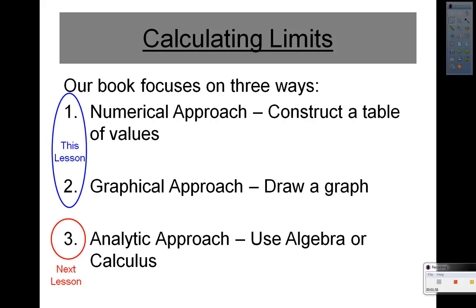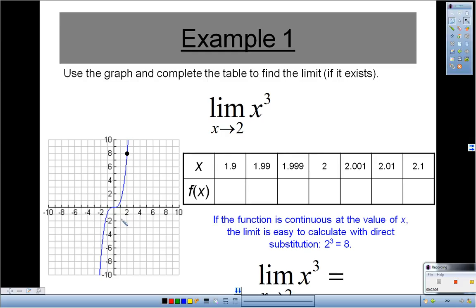It says use the graph and complete the table to find the limit if it exists. Now notice that I do give you the graph of the function. So my function right here is x cubed. I want to find the limit of this function as x approaches 2. So I want to find what the value of my function is as x approaches 2 from the left-hand side and from the right-hand side.